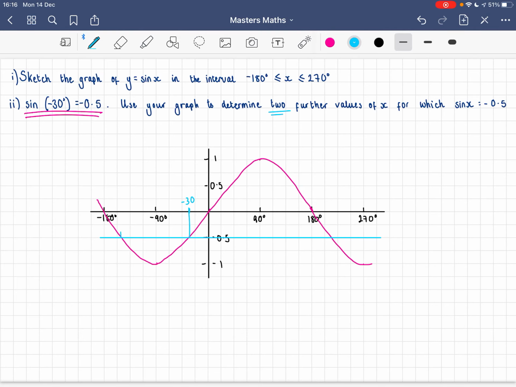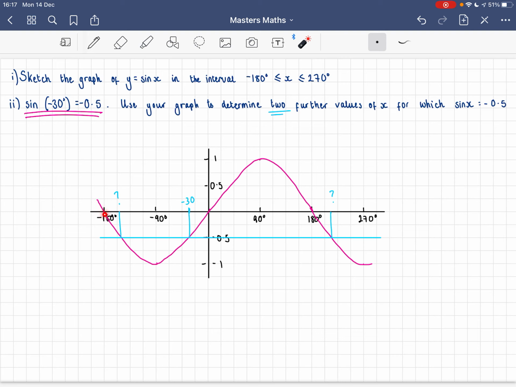We need to know what value is here, and we need to know what value is here. And because the graph repeats and is symmetrical, we can use that to work out exactly what those numbers are. So here, this is 30 away from the intercept there, okay? It's 30 less than where it is intercepting.